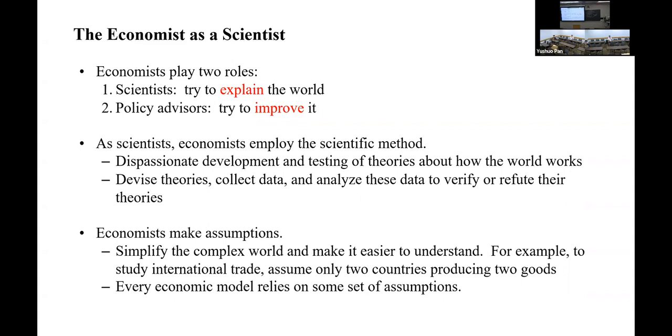So we simplify the complex world and make it easier to understand. For example, to study international trade, assume only two countries are producing two goods. Simplifying does not influence us to reach a conclusion.